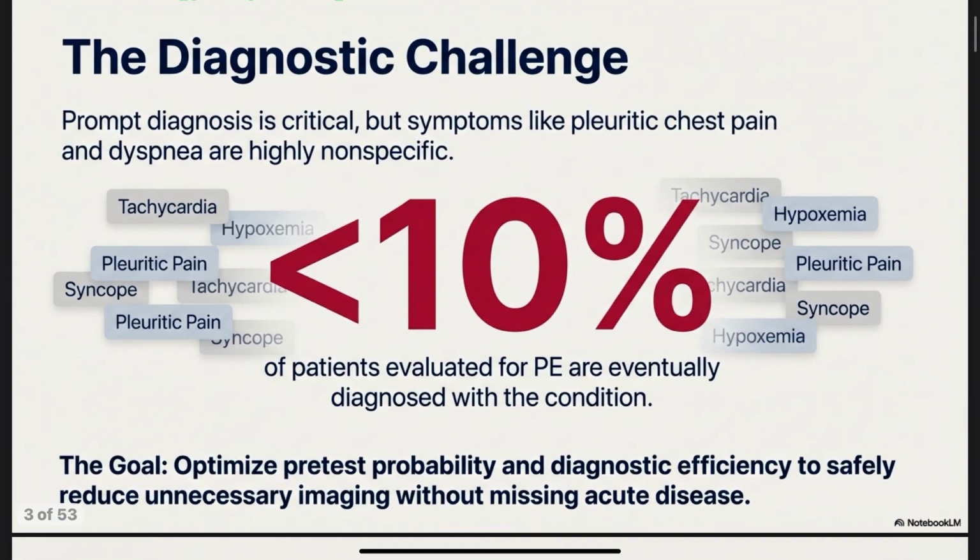So the diagnostic challenge is that prompt diagnosis is critical, but symptoms like pleuritic chest pain and dyspnea are non-specific. So the patient coming to the ER with pleuritic chest pain and dyspnea has a lot of differential diagnoses.